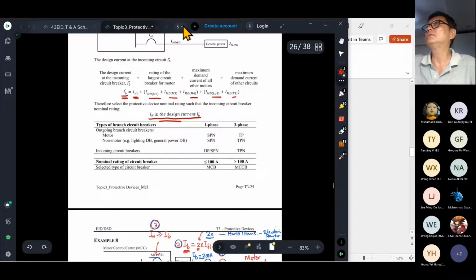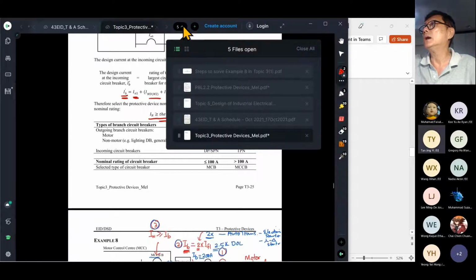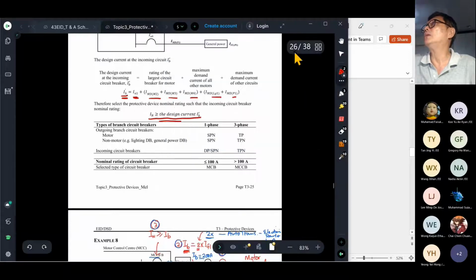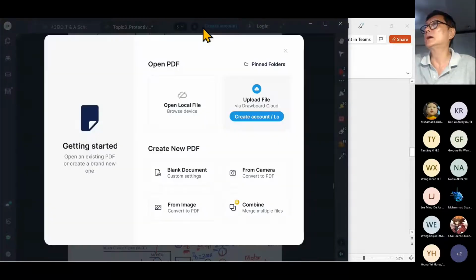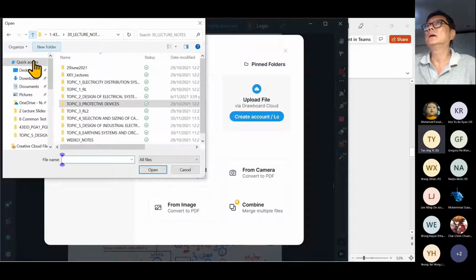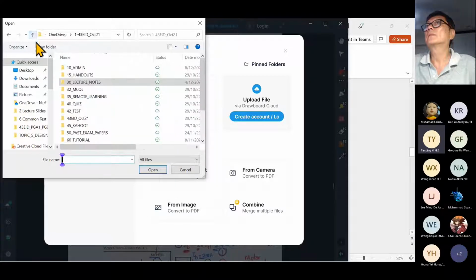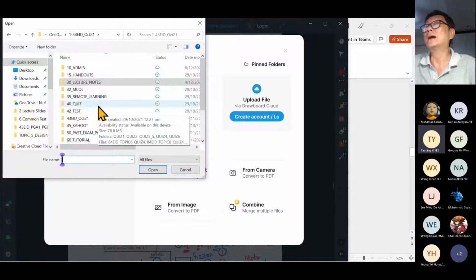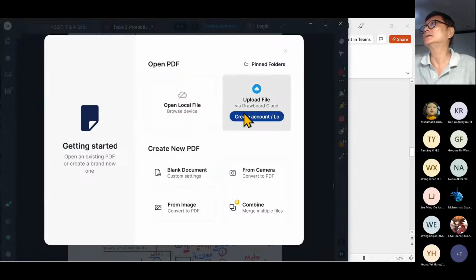So where is my diversity factor table? Okay, let me open up our data sheet. So the first one you use the rating of the breaker, then the second one you use the 80%. Correct. That's why my calculation is like this.